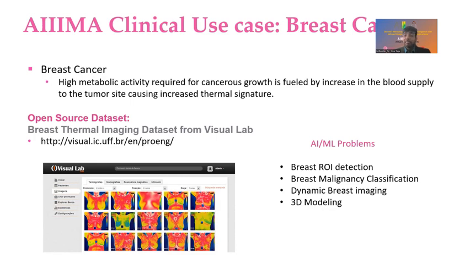Since we have time series data, you can even track the tumor response and heat pattern and also classify the tumor. Then there is 3D modeling, which covers both breast surface reconstruction from the standard views, which we'll see as one of the data challenges in AIIMA 2023, as well as internal 3D modeling.